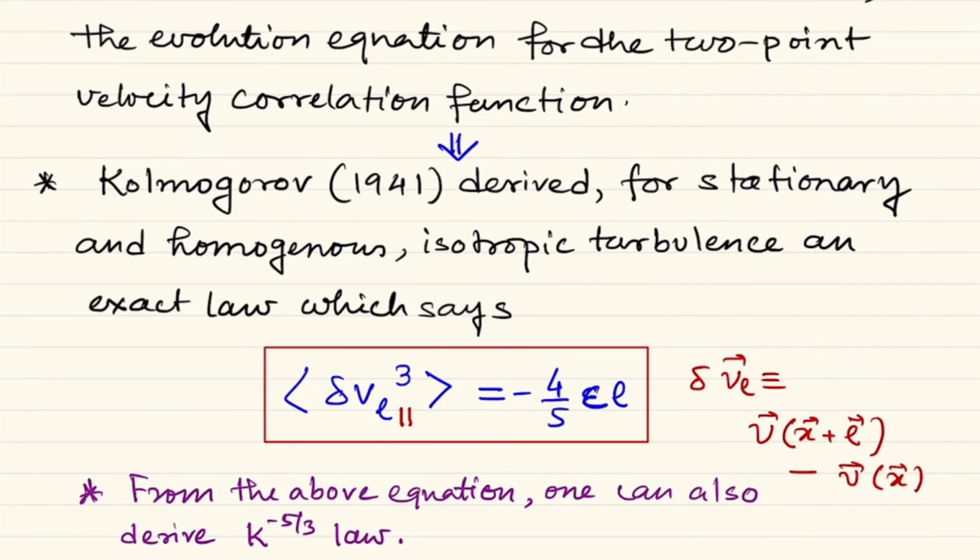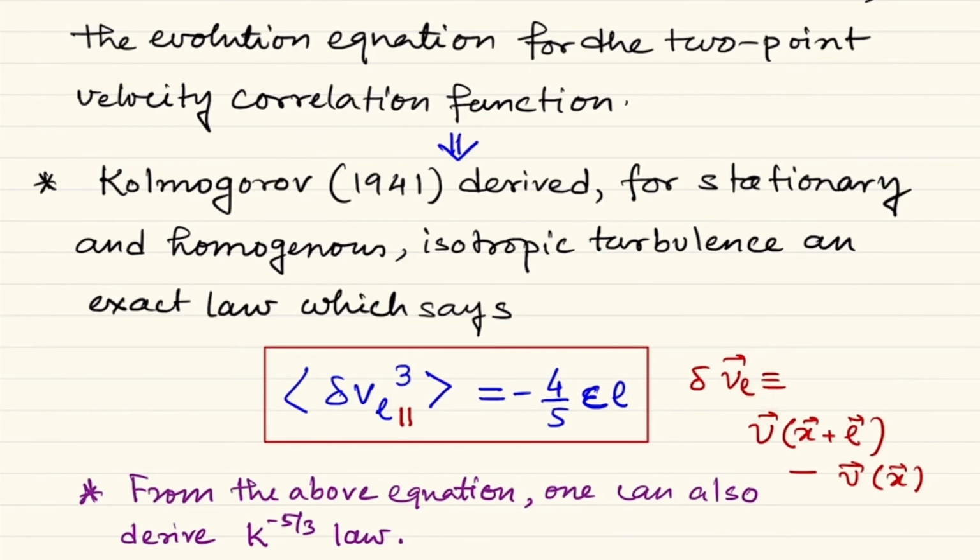If you take this, and then take the component parallel, that means you take some length scale or distance, and take the projection of this vector along this direction, then you have delta V L parallel, and you take the cube of this.